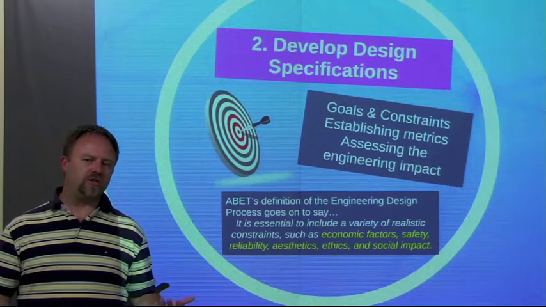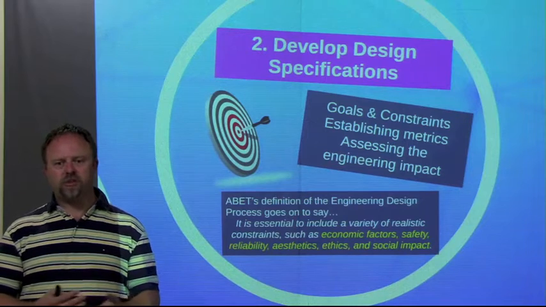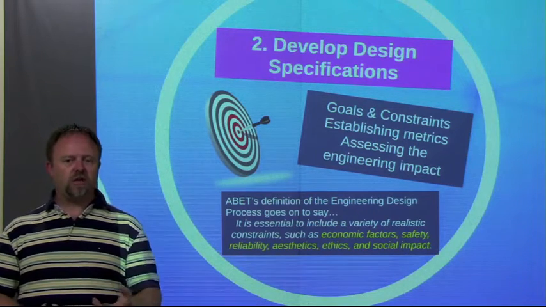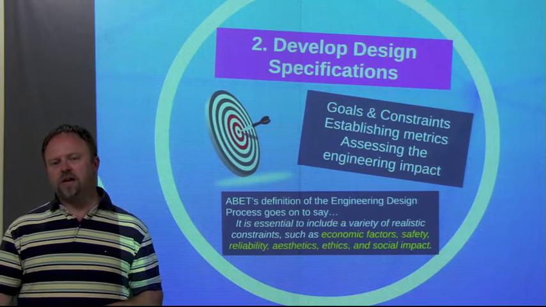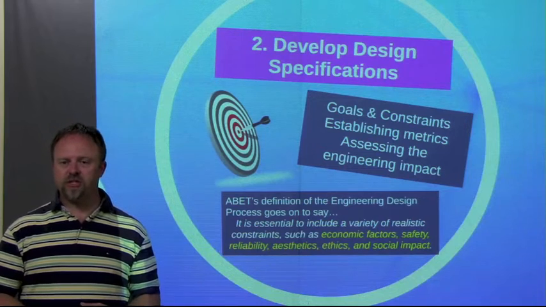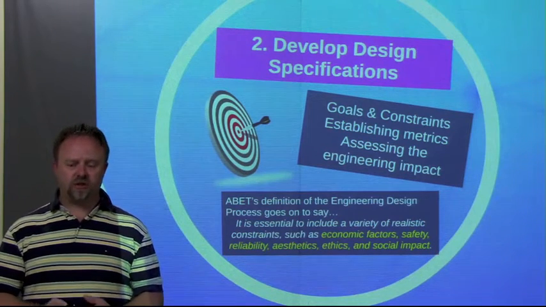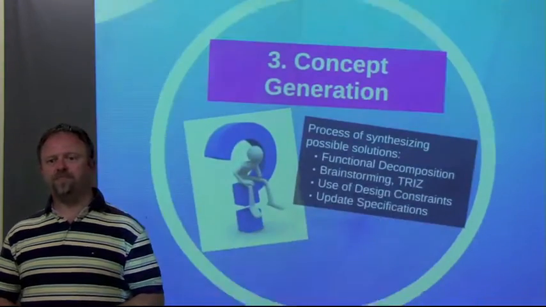We have safety issues, reliability: is this thing going to be useful? How does it look? How does the user interact with it? Is there any impact on the society that it's being used in? Are there any ethical considerations along the way? So those are some additional constraints we may need to consider when we're designing our product.